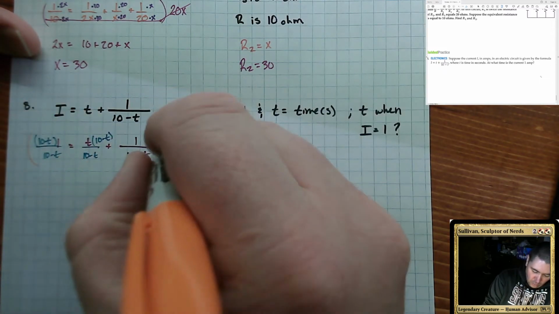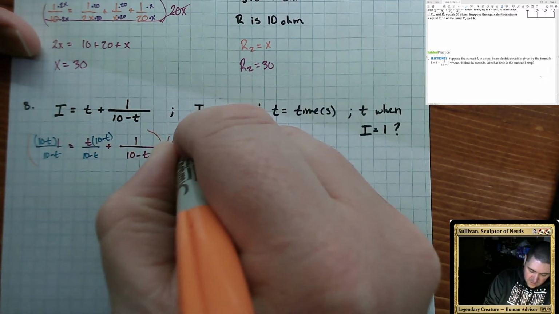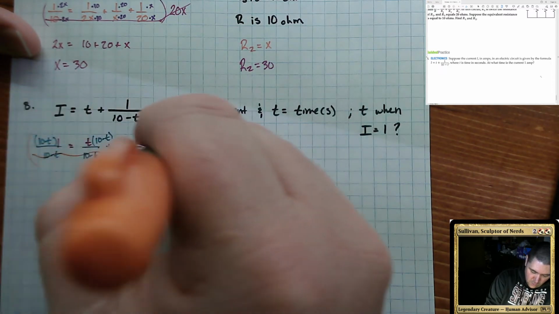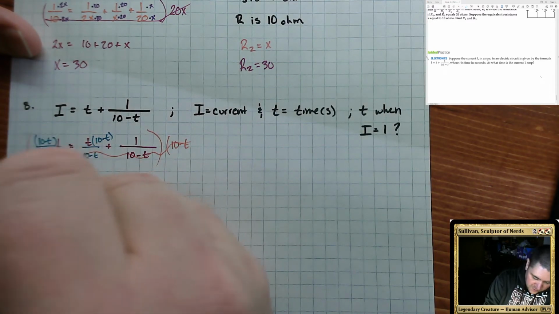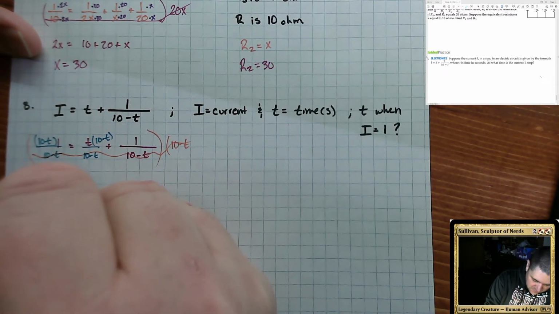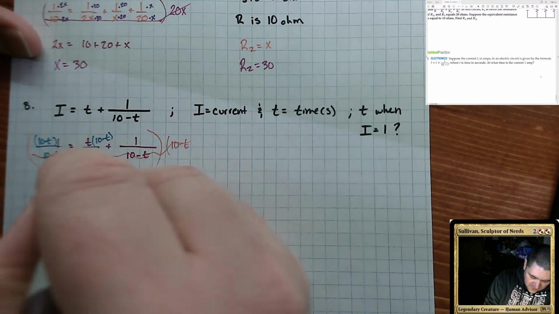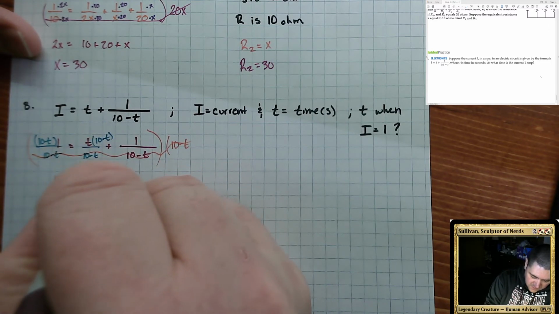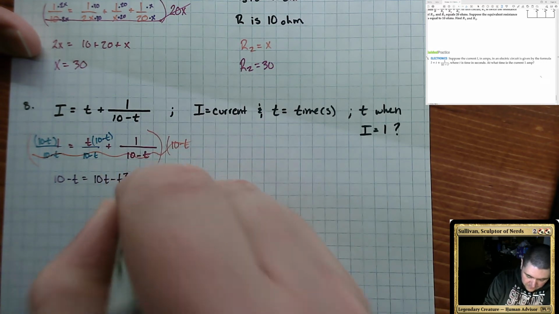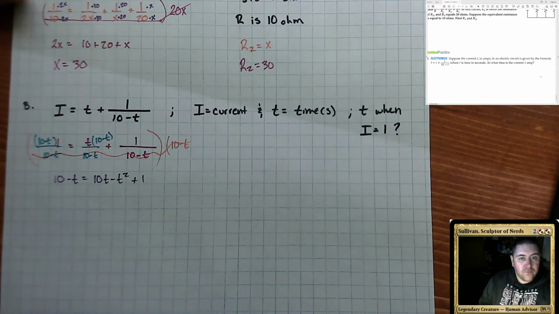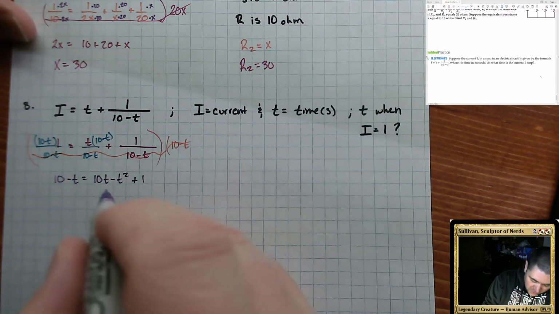Multiply the whole business by 10 minus T and skadoosh. 1 times a thing is just that thing. T times the stuff is 10T minus T squared, and that's just a 1. It's a quadratic. Everyone on one side of the bus, solve the quadratic.